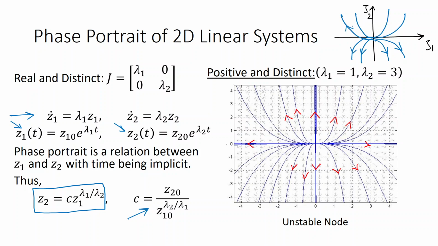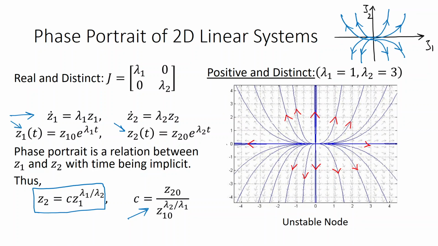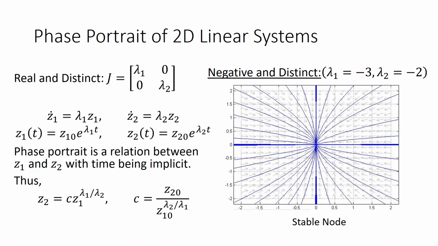The arrows will show you the direction of movement, because now if I change the eigenvalues, if I take both negative and distinct, then we have a similar nature of the phase portrait, but the arrows would now be pointing inwards. So in all these trajectories, if you draw freehand, you have to put the arrows also in the trajectories.